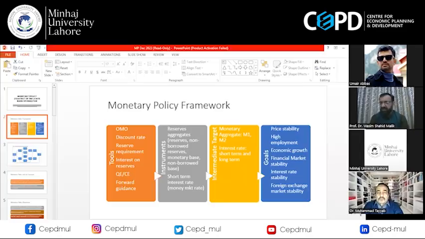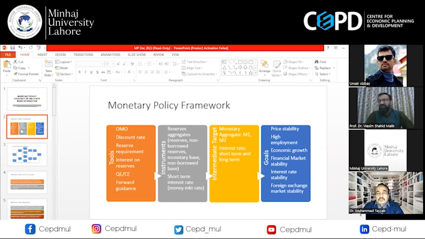Although it is written in the books that economic growth is one of the objectives of monetary policy, if we say that economic growth is an objective of monetary policy, then we must be careful. That is, the objective of monetary policy is stabilization, or to be precise, price stability.